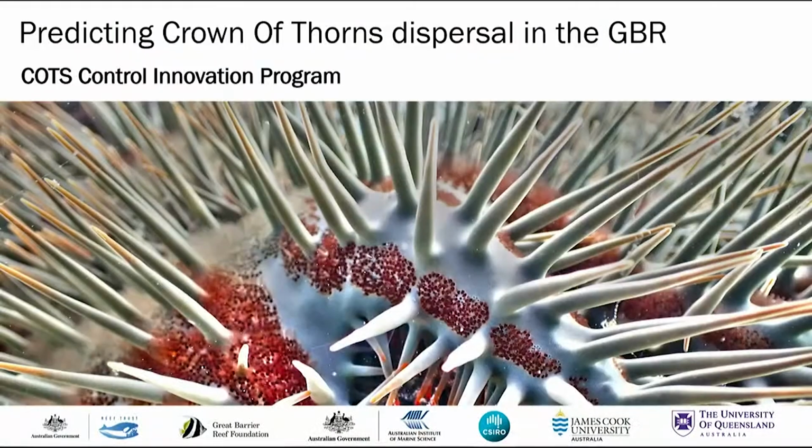So we've just been talking a lot about metapopulation, and it's mentioned that they're all using dispersal in the background. That's what I'm going to talk to you about now.